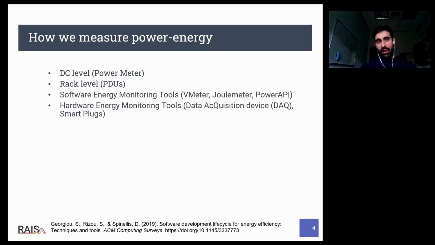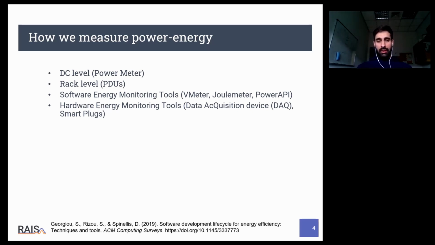In order to measure the power and energy on such a DC, this can be achieved on multiple levels. On the top level, we can have the energy consumption of the whole DC by checking the power meter that is allocated to the DC itself.